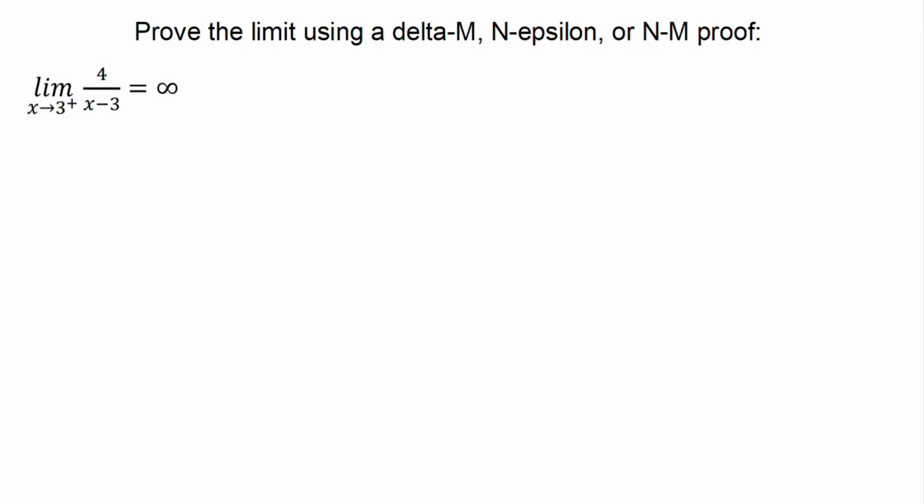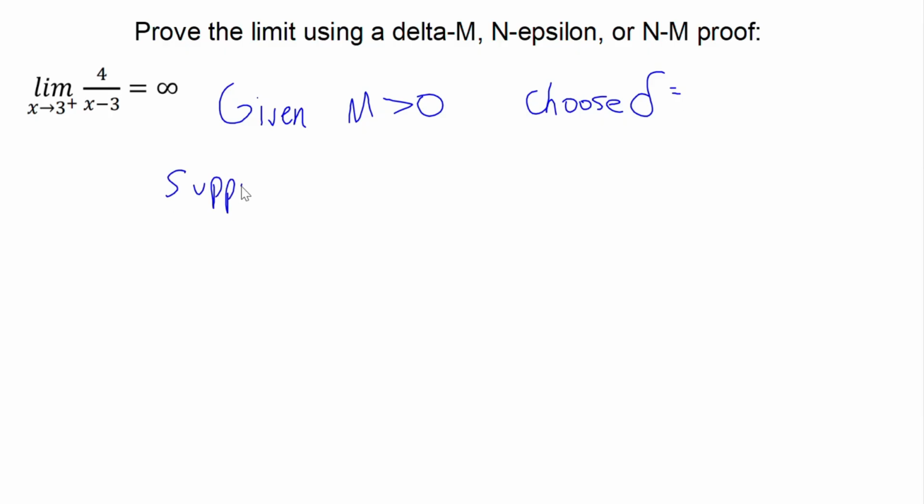We're looking at the limit as x approaches 3 from the right of 4 over x minus 3. For these ones that equal positive infinity, we're always going to start with: given M greater than 0. And we'll choose a delta, because we're still using delta here since x is approaching 3 from the right. We still start off with our same suppose statement: suppose that 0 is less than the absolute value of x minus 3, which is less than delta.